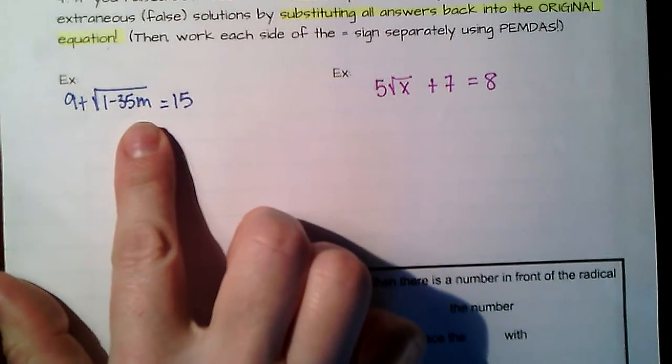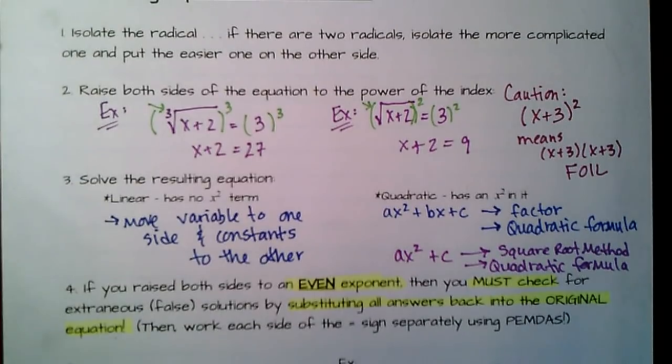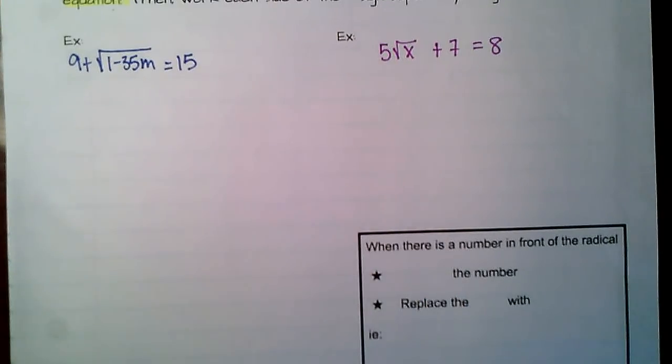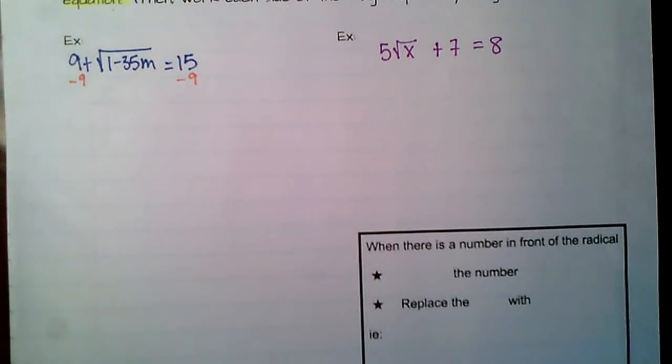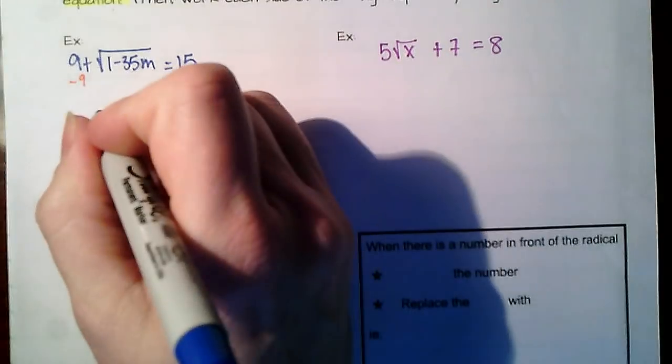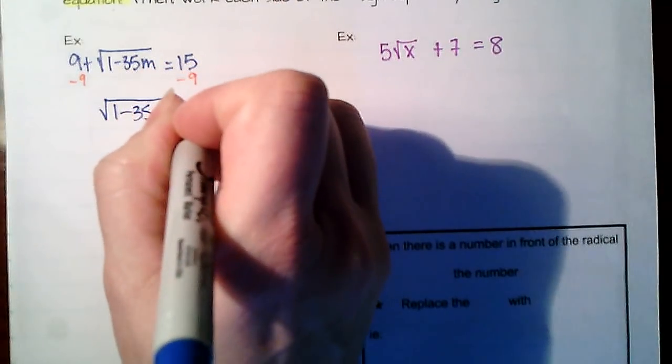9 plus the square root of 1 minus 35m equals 15. So remember, step 1 is isolate the radical. So I'm going to start by subtracting this 9 from both sides, which leaves me with the square root of 1 minus 35m equals 6.